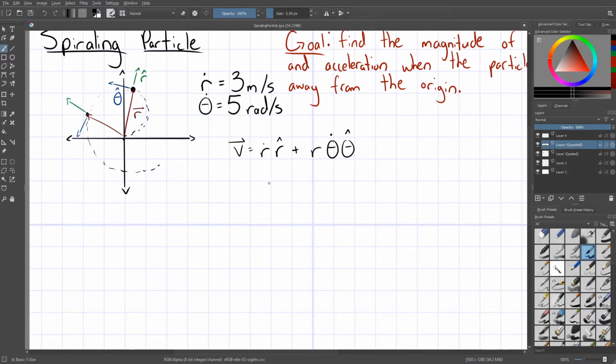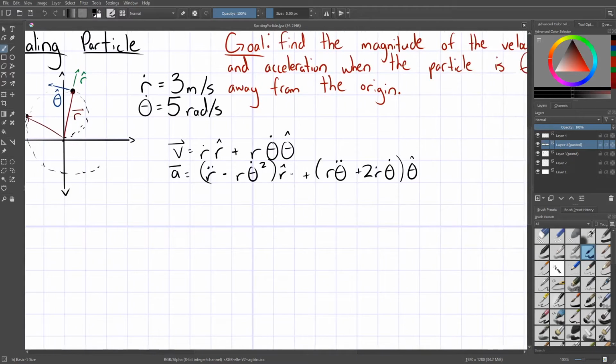The formula for the acceleration is r double dot minus r theta dot squared in the r hat direction, plus r theta double dot plus 2r dot theta dot in the theta hat direction.